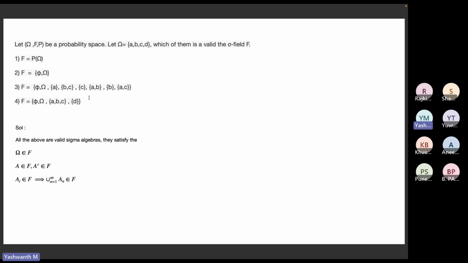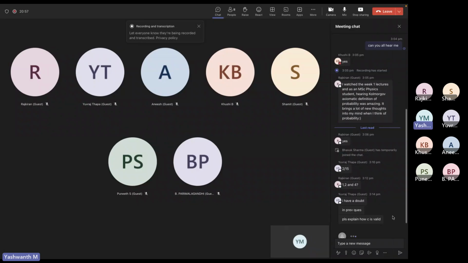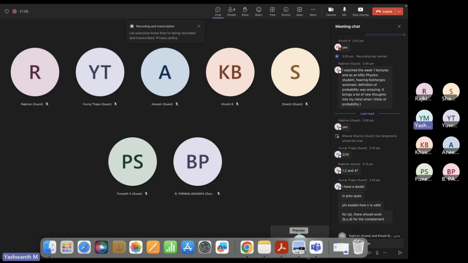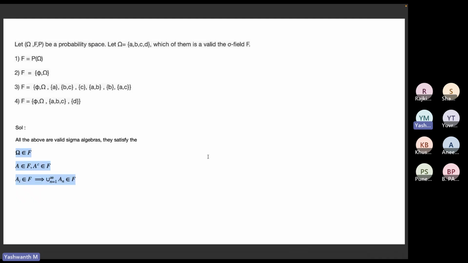Yeah, so it satisfies all these three properties. What is it, Yuvraj? I guess that's the explanation. Basically, I think it should exist. It exists, right?